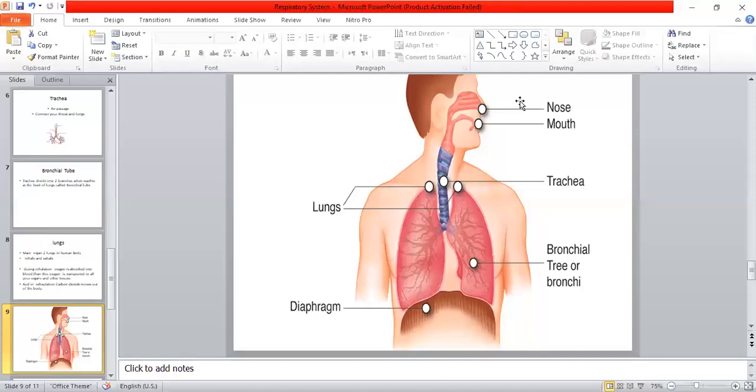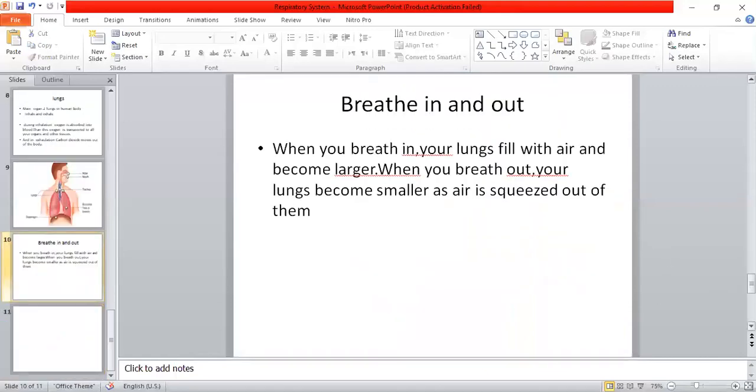So this is the process of inhalation and exhalation, the process of absorbing oxygen and moving out carbon dioxide. Breathe in and breathe out.